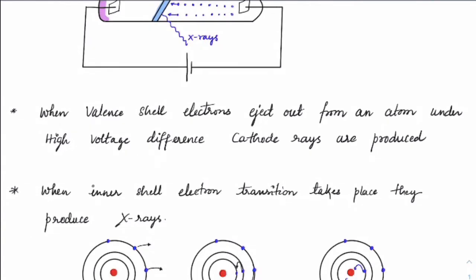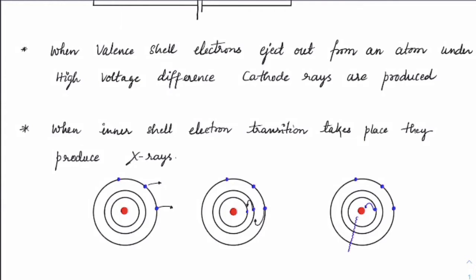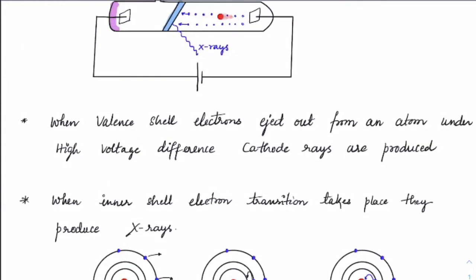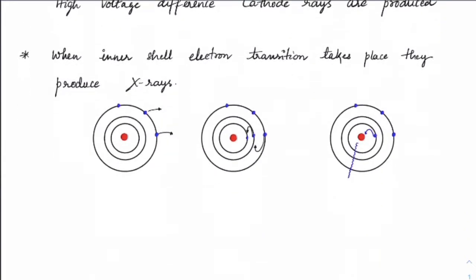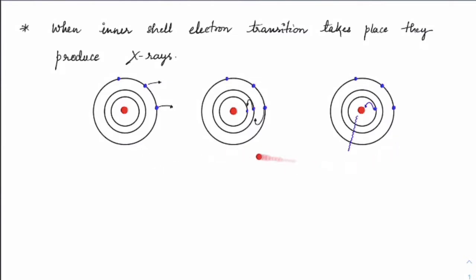Now, what does that mean? Cathode rays are a high energy beam of electrons which are trying to fall on the surface of the metal. When that energy falls on the surface, we can observe three types of transitions. If electrons come out of the surface, they will also generate cathode rays.